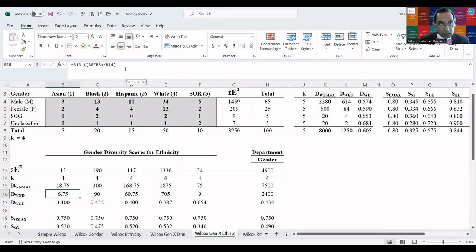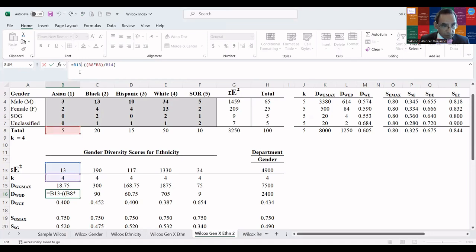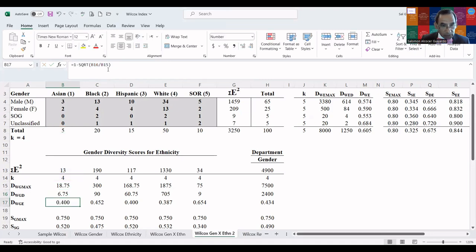The Wilcox similarity or concentration score equals B13, which is going to be the sum of the n squared. So that's going to be 3 times 3 plus 2 times 2. That gives me the little n squared sum, so that's 13. Subtract that by the total workforce, which is 5, so it's 5 times 5 divided by B14, which is the number of groups, K. That gives me the similarity score.